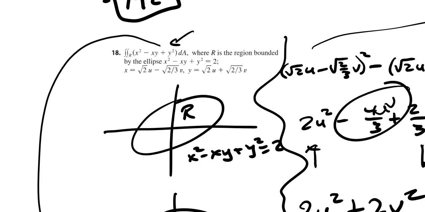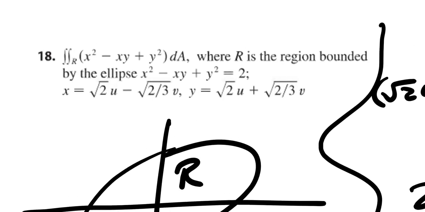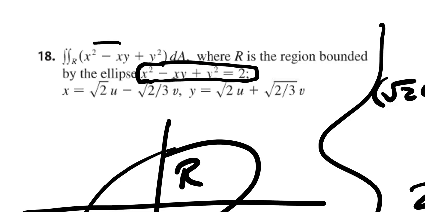That's not always the case. This could have been just x plus y or something. I think it's to make this problem easier that the left side of the ellipse is the same thing as the integrand here, okay?